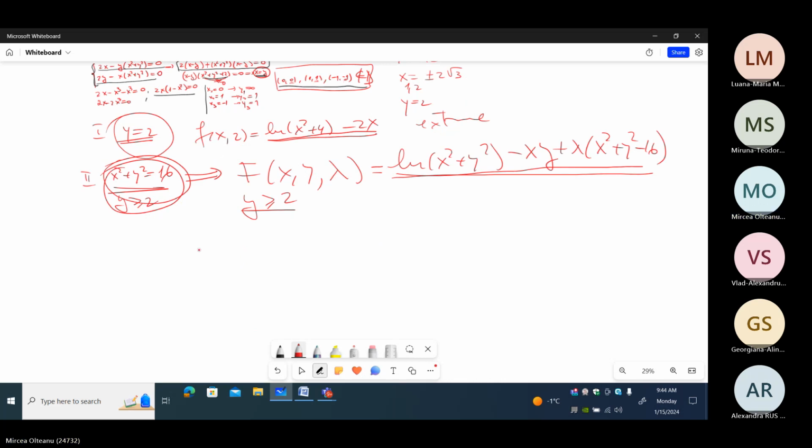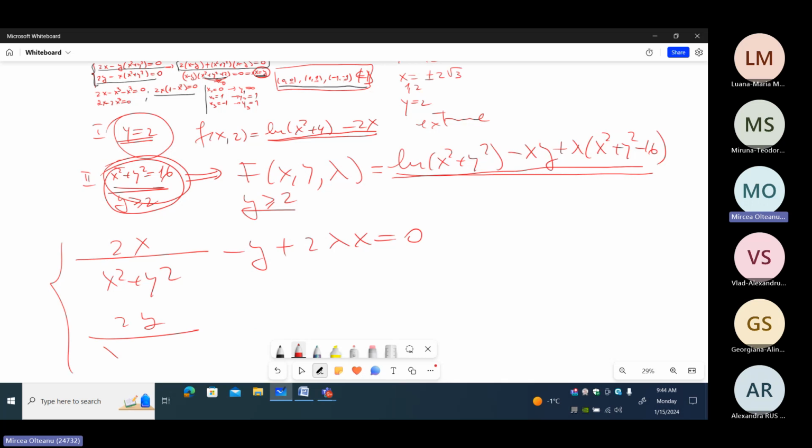And don't forget, so it will be 2x. I just write the system, you solve it. Minus y plus 2 lambda x equals 0. 2y over x squared plus y squared minus x plus 2 lambda y equals 0.